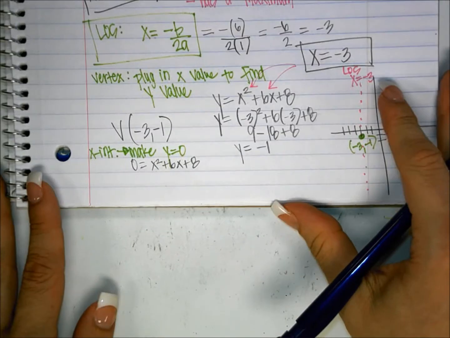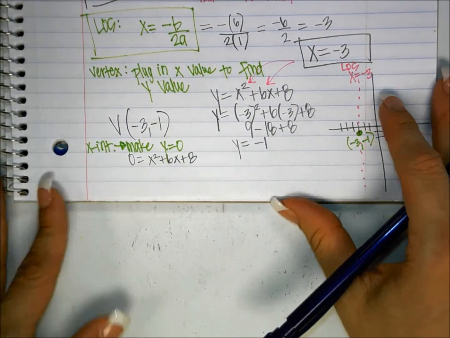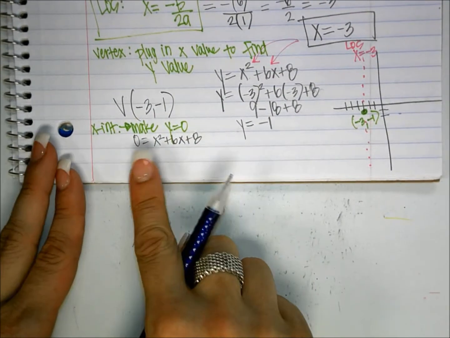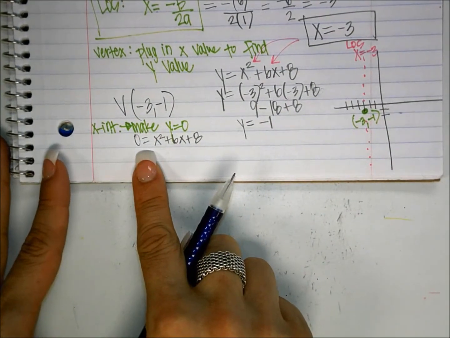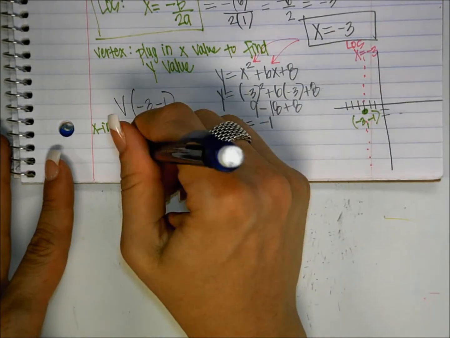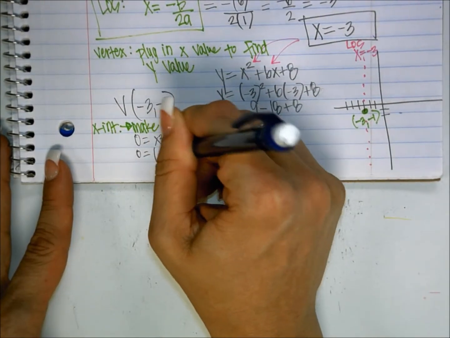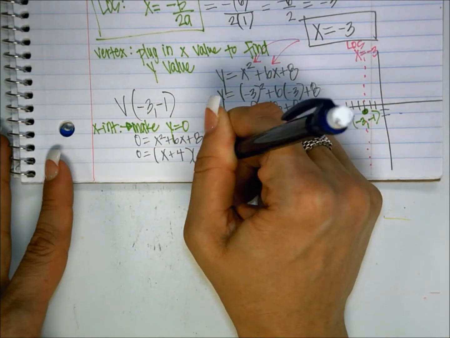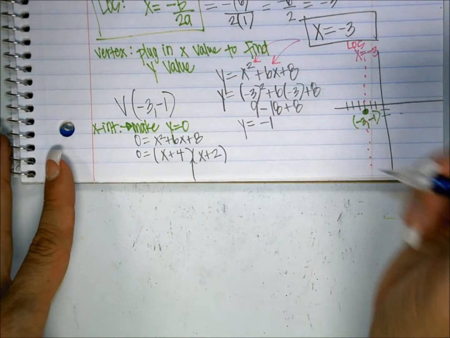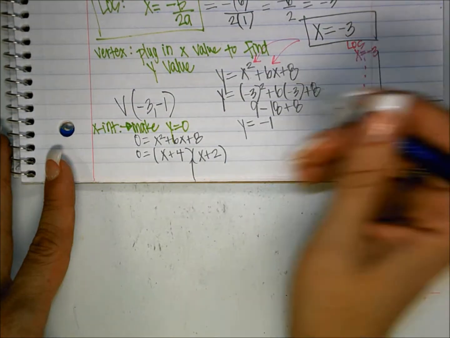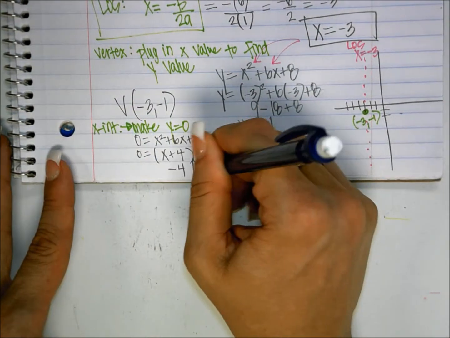That's what we've been doing the past couple of days. This is just factor and solve. It's already set equal to 0. So now we need to factor it. 0 equals x plus 4 and x plus 2. Split them up and set the parts equal to 0. So you'd get negative 4 and negative 2.